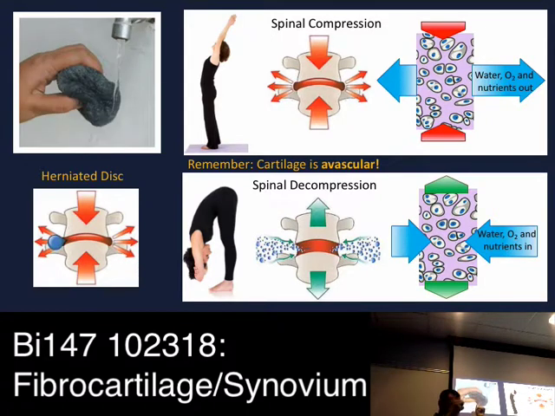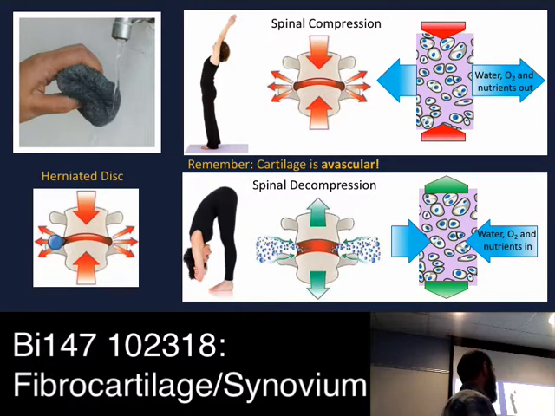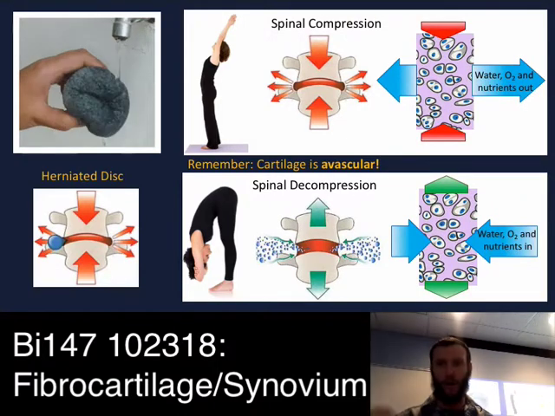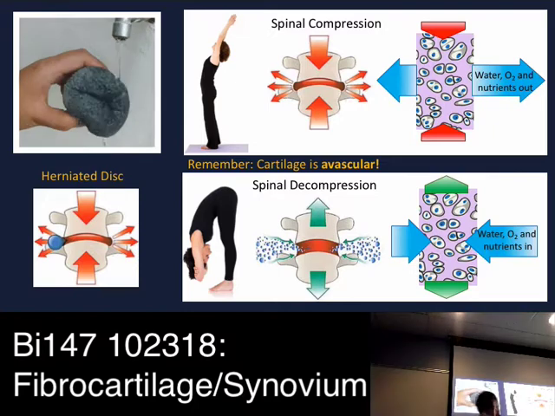You take a sponge, you squeeze it out, and it pushes out the fluid in the tissue. That brings the water out, and with it, any waste products. Okay, I have water, O2, and nutrients, but actually, it's not bringing O2, it's bringing CO2 out and waste product.